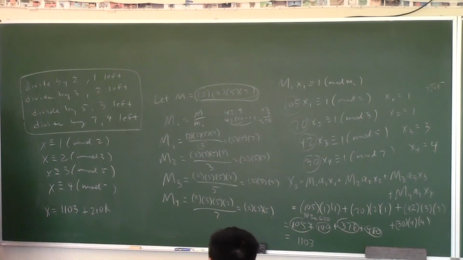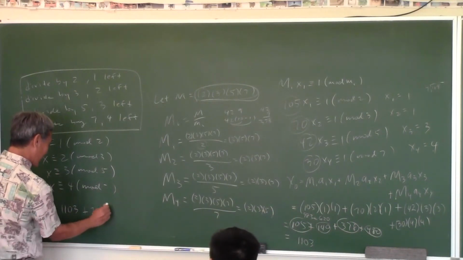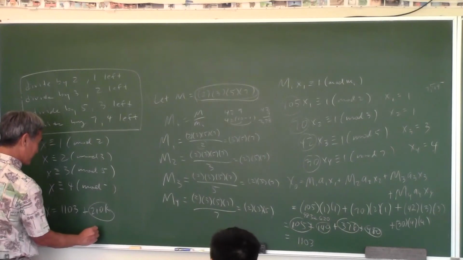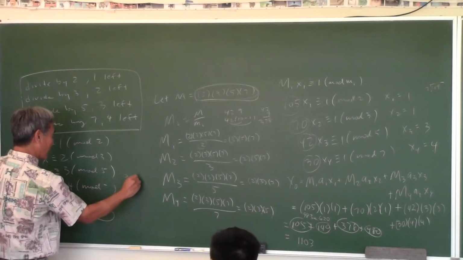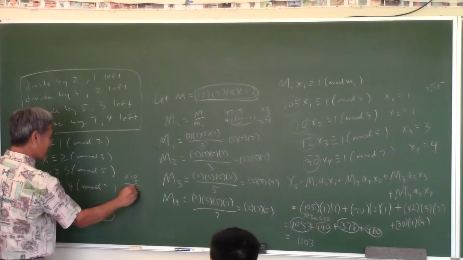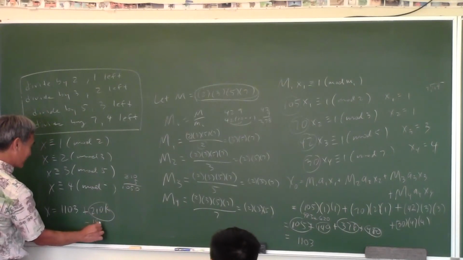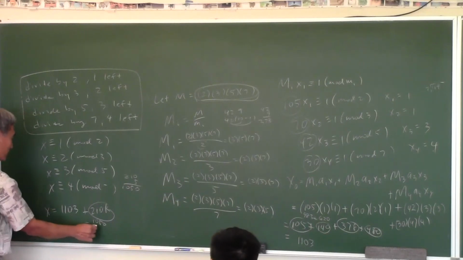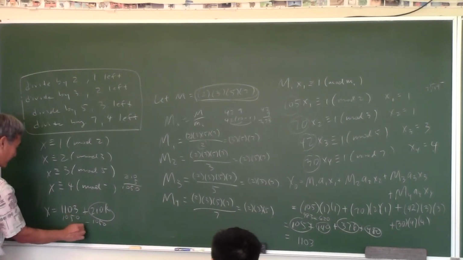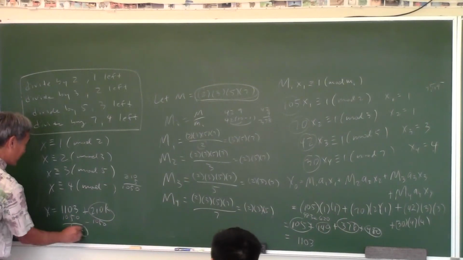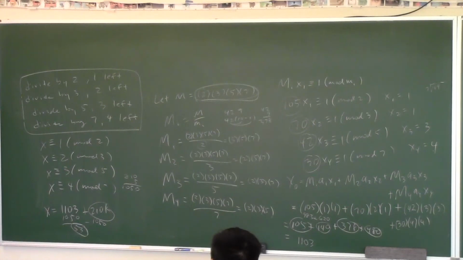So what if k is -5? What does this become? If k is negative 5, you're going to get minus 1050, right? So what is 1103 minus 1050? 53. So 53 is the smallest number that satisfies that property.